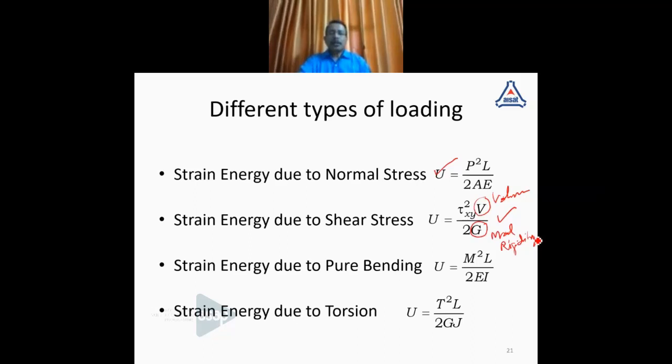So here the load is the shear stress: how much shear stress is applied on a body of volume V having a modulus of rigidity of G.